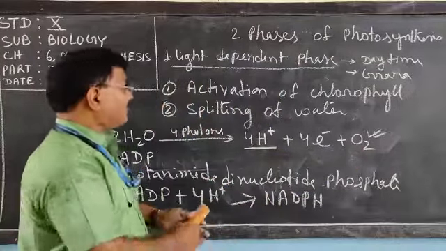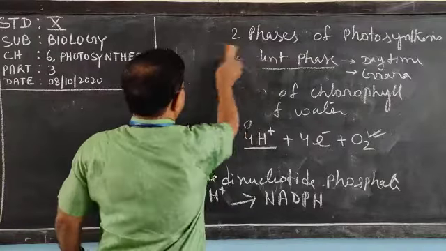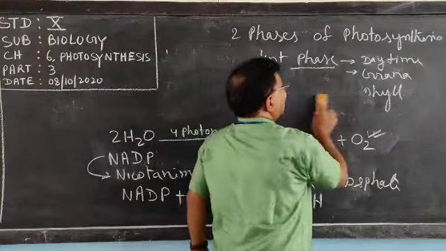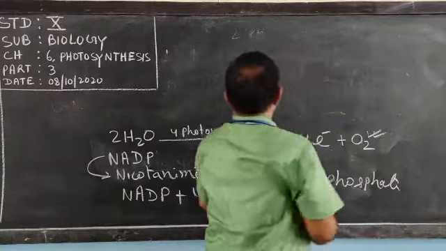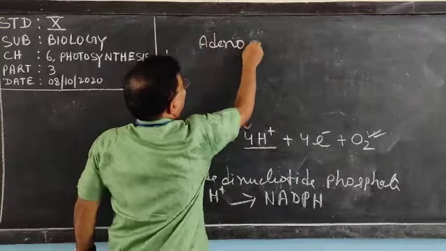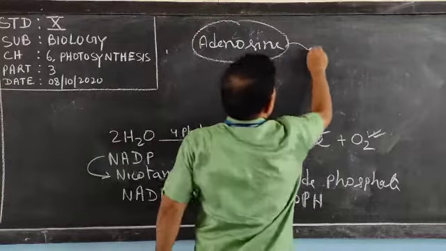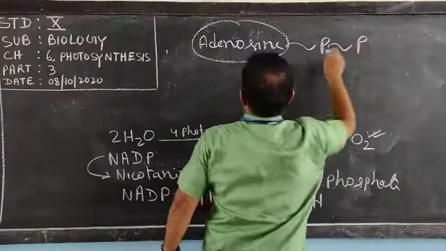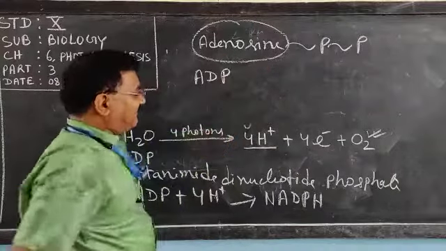And what happens to this 4 electron? You must have heard about ADP. One compound is there, and the name of the compound is adenosine. This adenosine is combined with 2 phosphate, so its name is ADP, adenosine diphosphate.